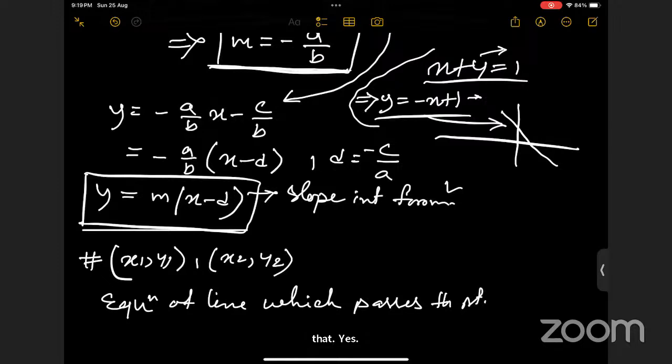Solve questions, apply. There is no particular type of problem in which you can apply this. You will get some problem, then you have to choose which form is easier to conclude something. That is why there are 3 to 4 forms given here.